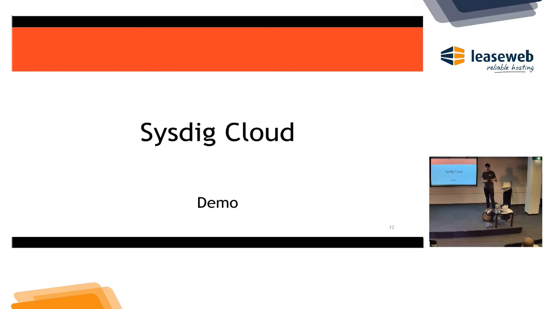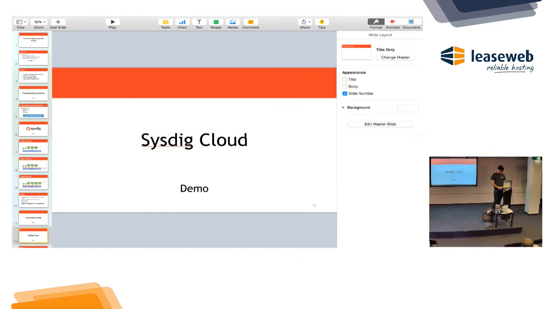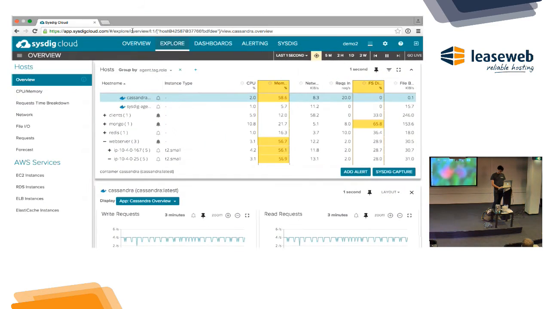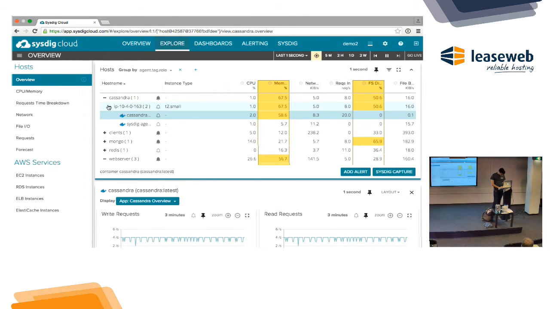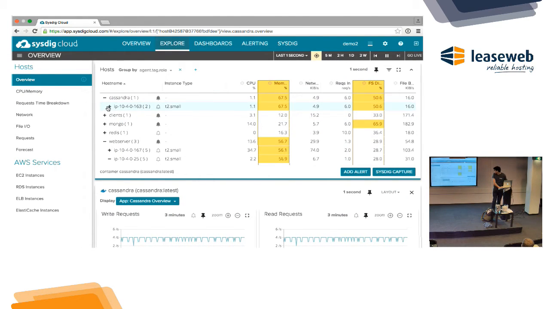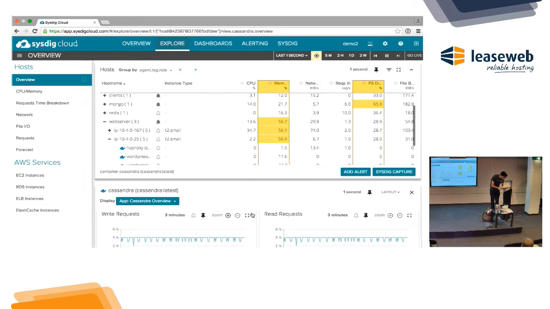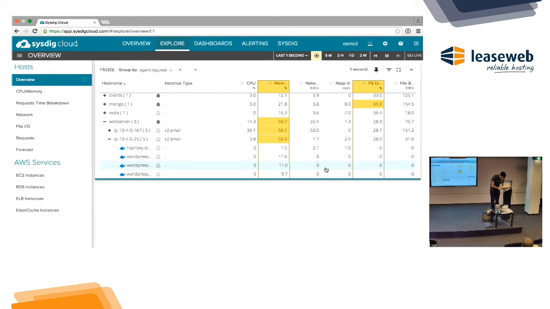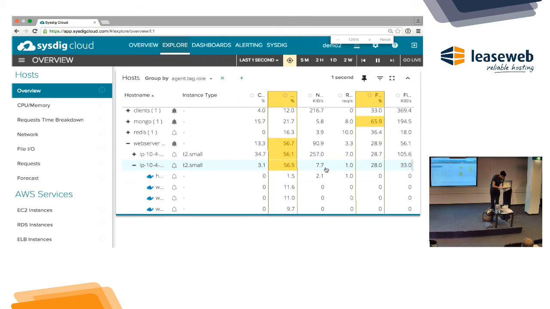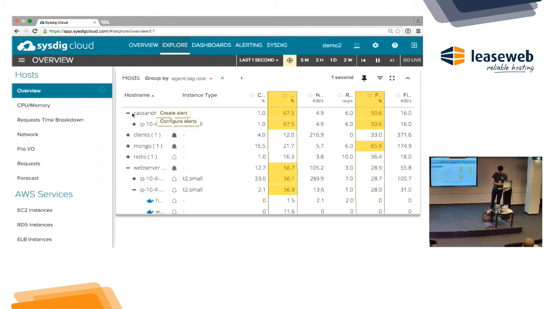All the events collected by Sysdig or from our agent are parsed, we get useful data from them, and then we send it to our backend where you can do some nice visualizations like this. I don't know if you can see something probably.